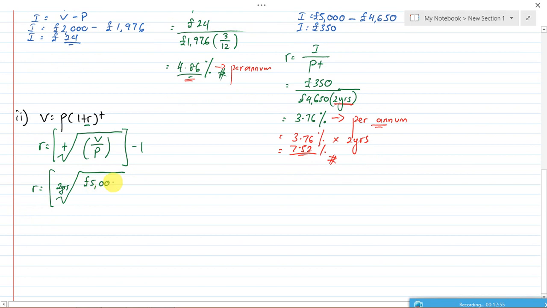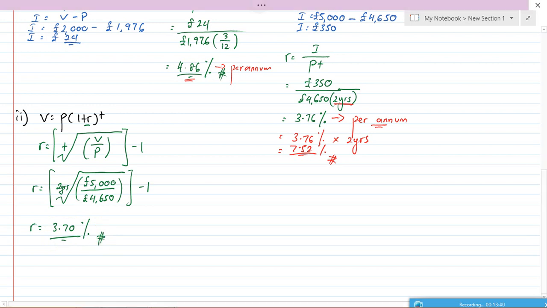V is going to be 5,000 over the P, the answer minus 1. And don't forget this is rate. It must be in percentage. Please times 100 as usual. So calculate and see how much you get. You should get 3.695, therefore 3.70%.